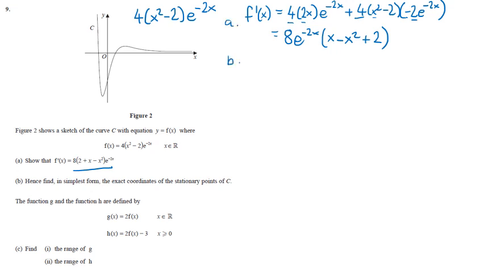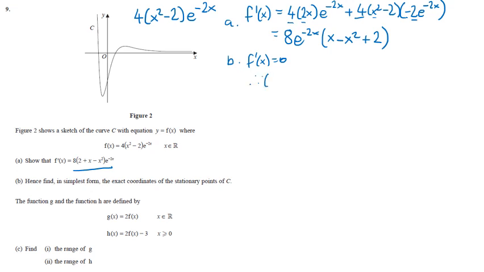Part B, hence find in the simplest form the exact coordinates of the stationary points of C. So if we want to find stationary points, we're just saying f primed is 0. And we know that the exponential part can never be 0.